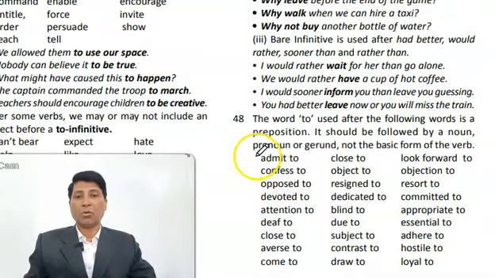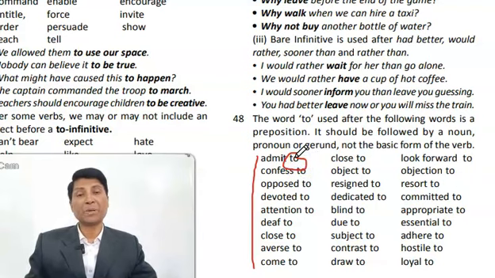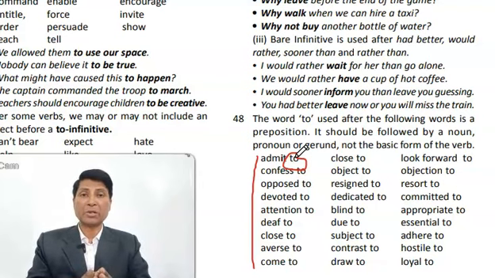Now look at the list of phrases very carefully. In this list, the word "to" is not a particle. It is a preposition. So you will have to understand the difference between the uses of "to" as a particle and as a preposition. When "to" is used as a particle, it is followed by a verb in the basic form, which is called the infinitive.